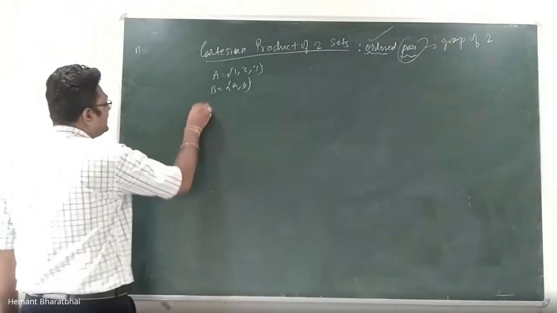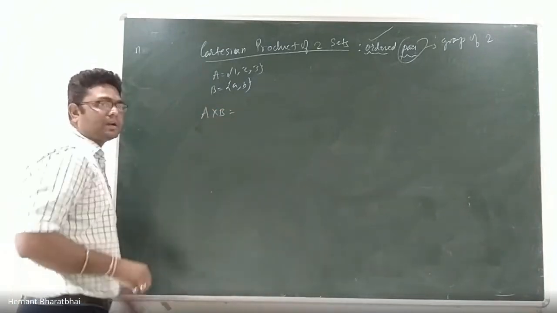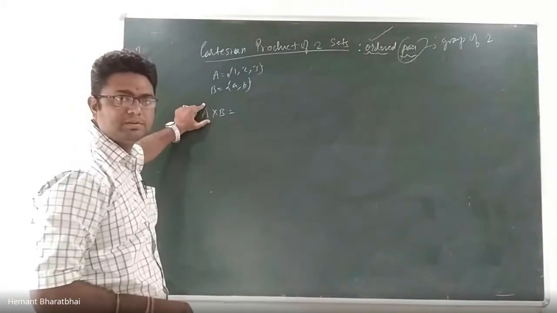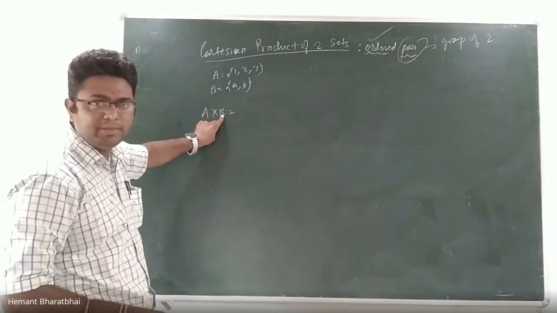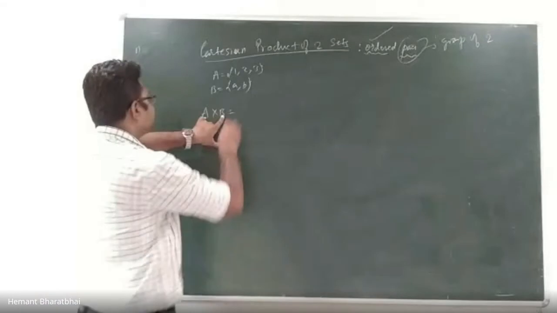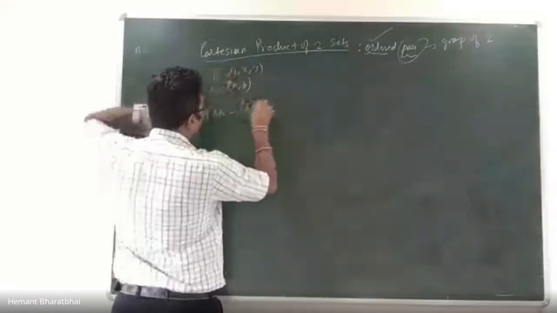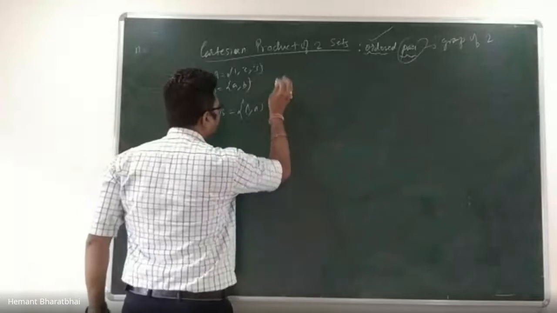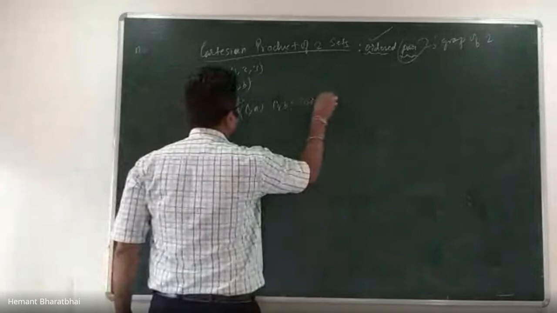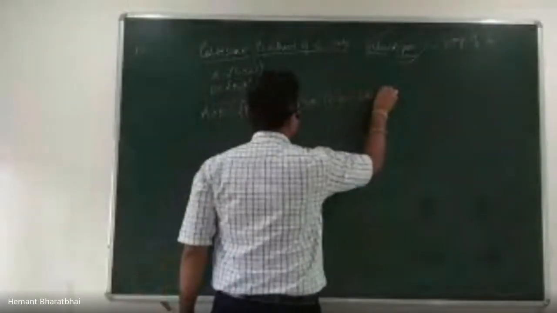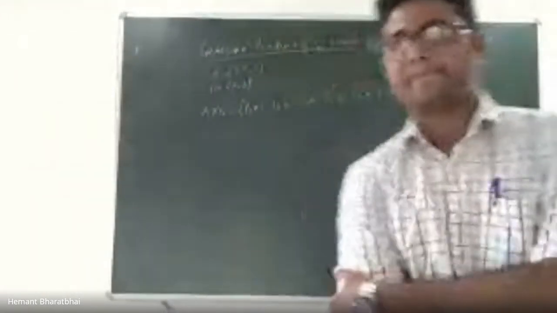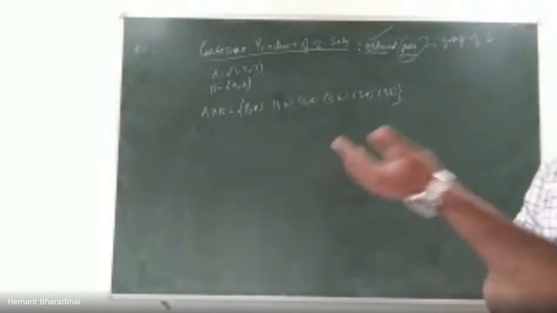Suppose I am writing A cross B, which means Cartesian product of A and B. So I set the order here. What is the order? First I will write the elements of set A and then the elements of set B. So A cross B is 1 comma A, 1 comma B, then 2 comma A, 2 comma B, then 3 comma A, 3 comma B. So pair means group of two.